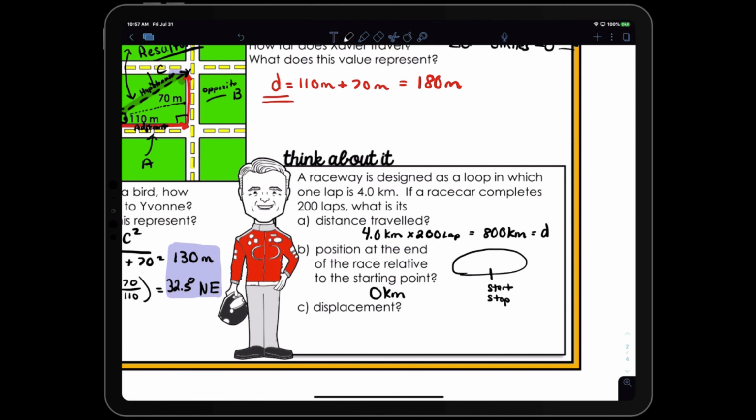I'm at the same position that I started at, aren't I? If I started and stopped at the exact same spot, my displacement is also 0 kilometers. So for distance, we're looking at the total path traveled, and for displacement, my change in position, right there.